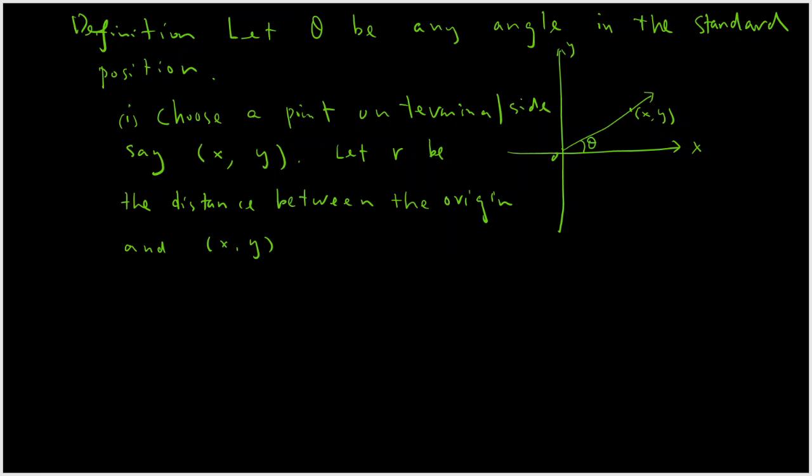I believe it's not hard to compute using the Pythagorean theorem. The r value is always the same thing as the square root of x squared plus y squared.